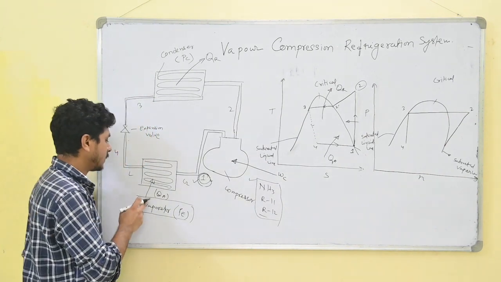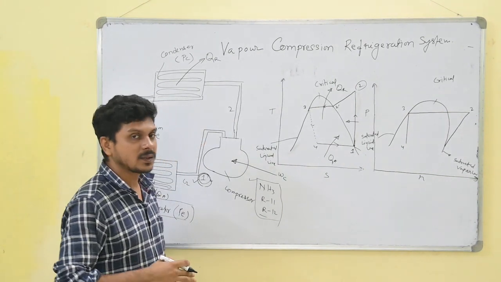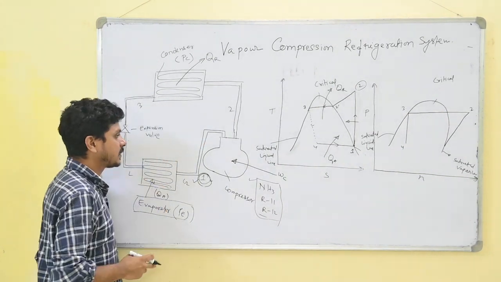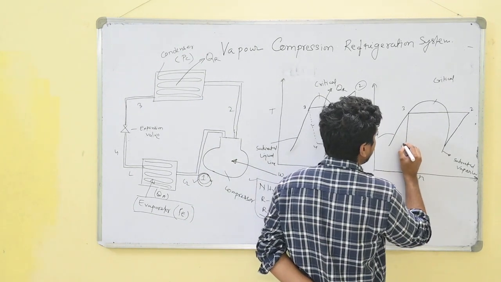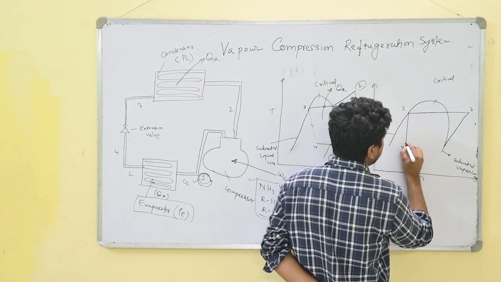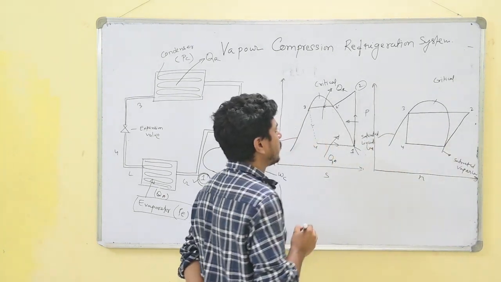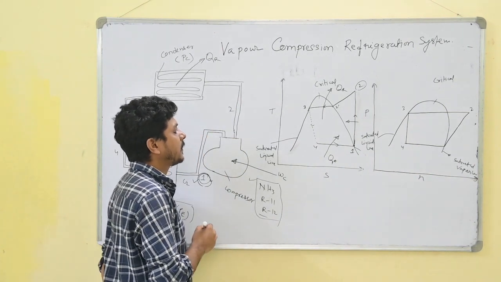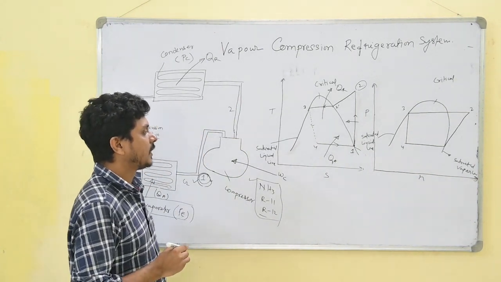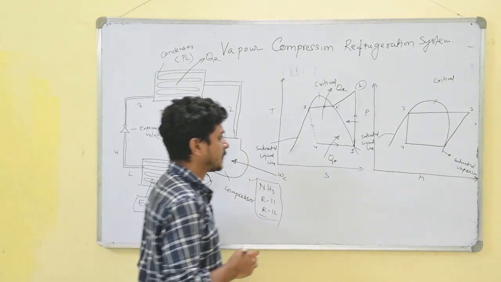And the next process, the evaporator. In the evaporator, the constant pressure heat absorption takes place. That's why it is shown again as a horizontal line on the pH diagram. This is the whole pH diagram of the vapor compression refrigeration system, and these are the various processes of the system.